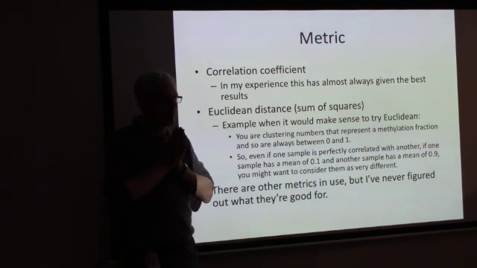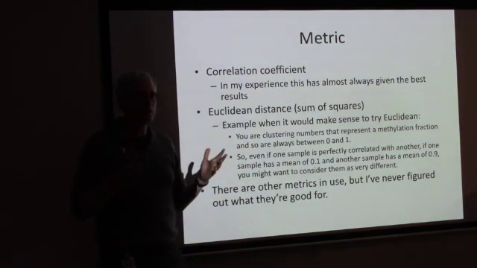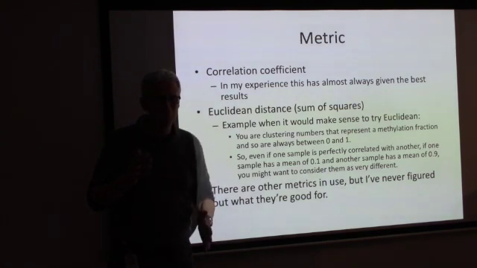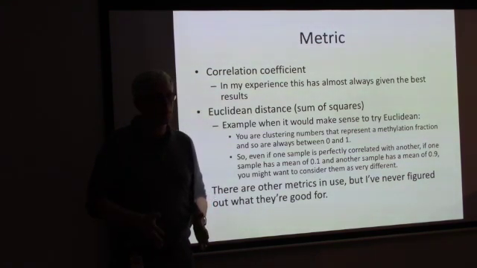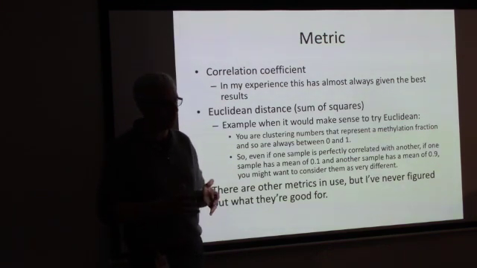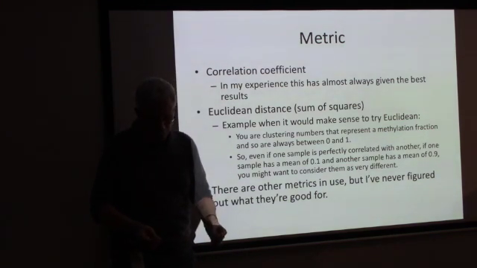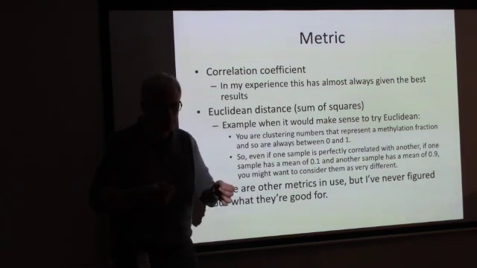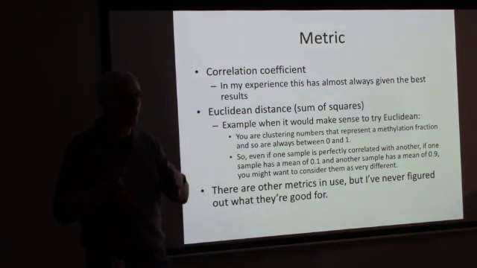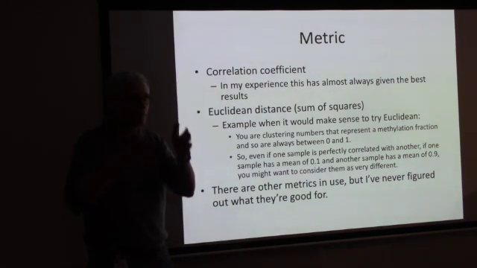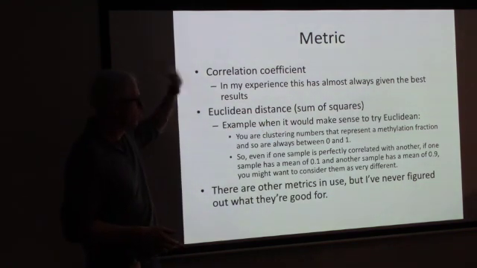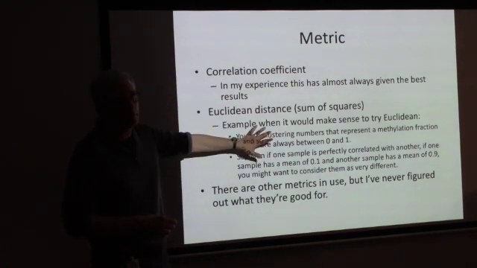But more likely, biologically, you'd rather say, no, the methylation in this sample is very low, and the methylation in this sample is very high. And so they're not similar. So I don't want to use correlation coefficient. I want to just measure the difference point by point and maybe square it. The sum of the difference squared, that would be what's known as Euclidean distance, or squared Euclidean distance. And so that might make more sense.